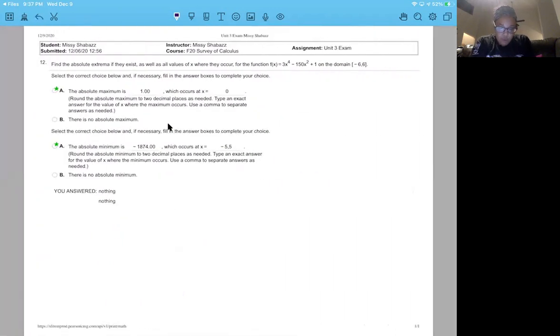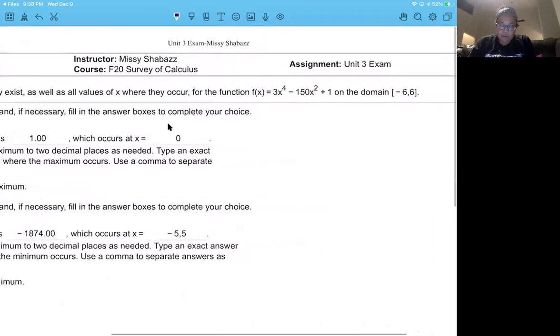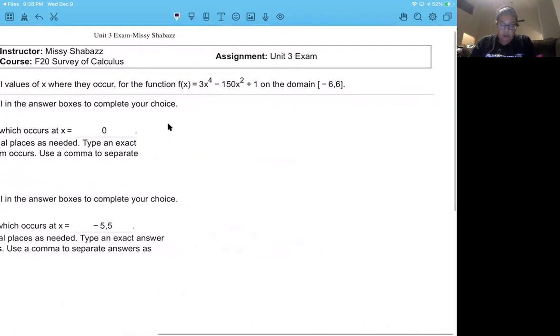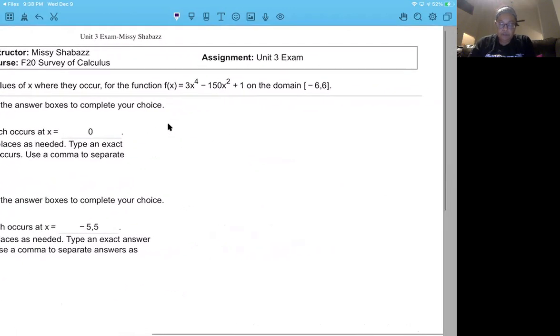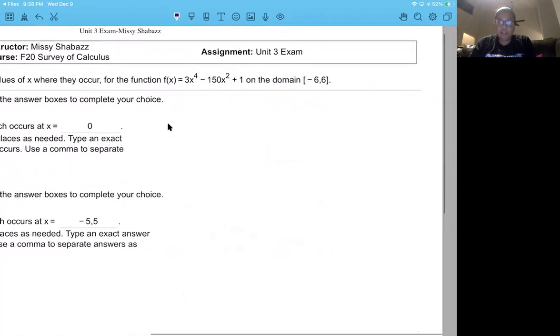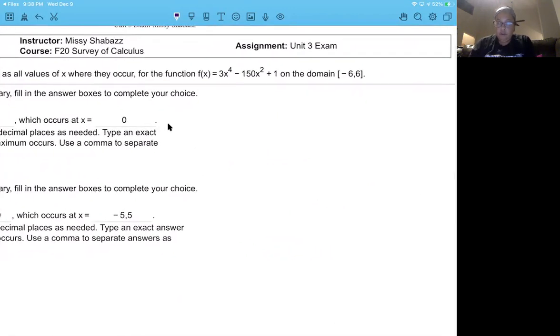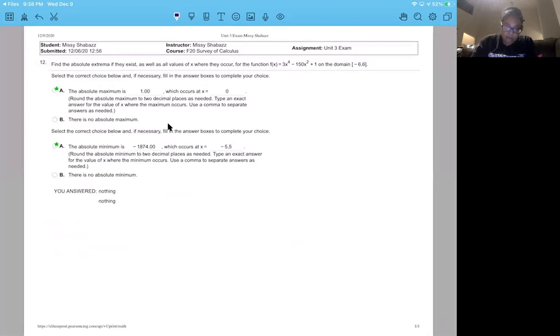All right, question 12. Find the absolute extrema if they exist, as well as the values of x where they occur, for the function f of x equals 3x to the fourth minus 150x squared plus 1 on the domain -6 to 6.